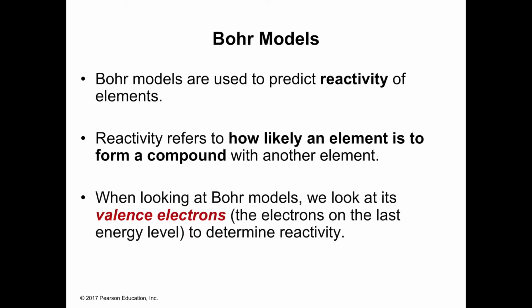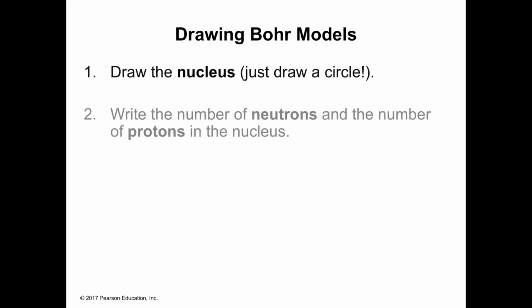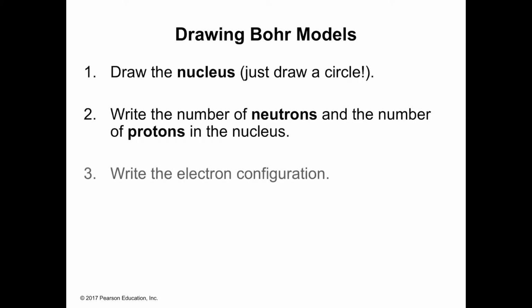When we're looking at Bohr models, we're going to look at the valence electrons, which are the electrons on that last energy level, and those will tell us how the element is going to react. So the way that we're going to do them is we're going to draw the nucleus. We're just going to draw a circle in the middle, and we're going to write the number of neutrons and protons in that nucleus. I'm not going to have you draw them all out. That seems a little redundant, but we're just going to write the number of protons and neutrons in the nucleus.